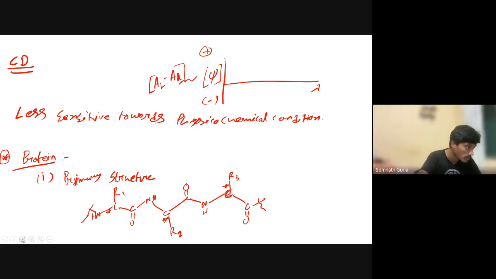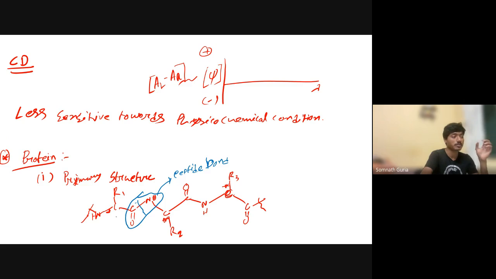We can use a different color. This is the peptide bond. All the amino acids are connected with peptide bonds.